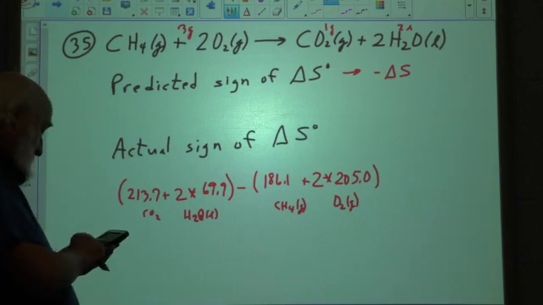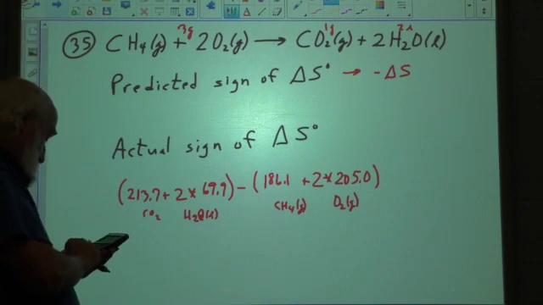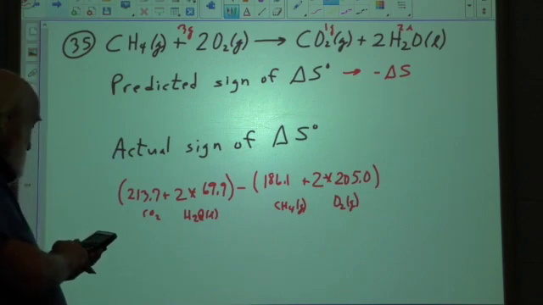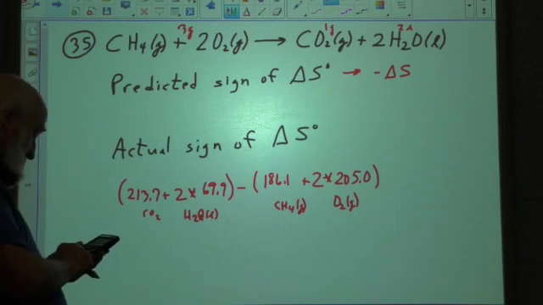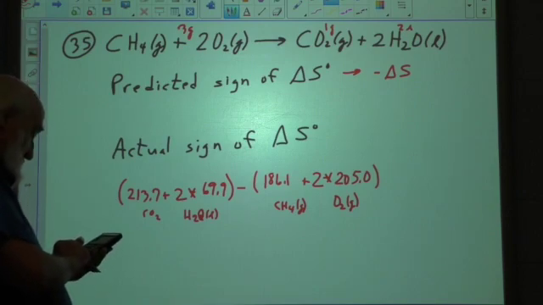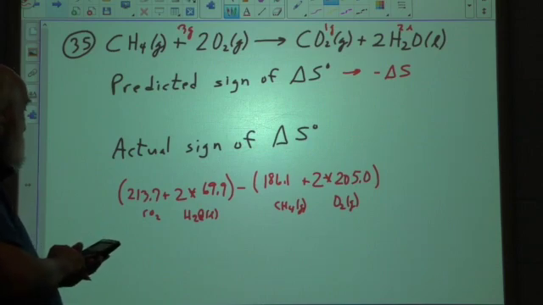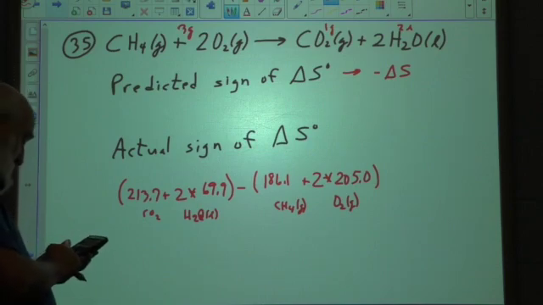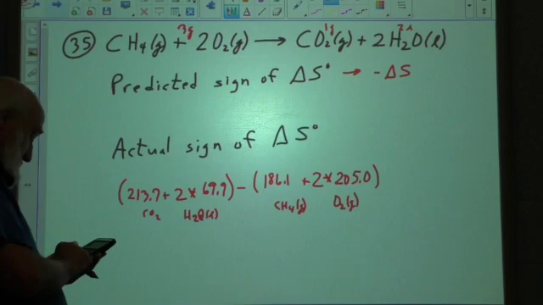Okay, so we've got parentheses 213.7 plus 2 times 69.9 minus, when we go to the reaction side, parenthesis 186.1 plus 2 times 205.0.